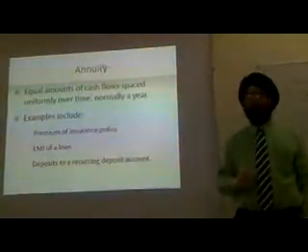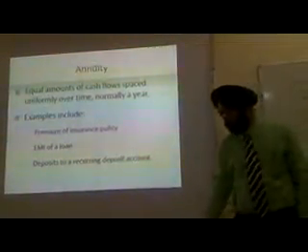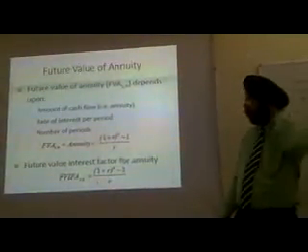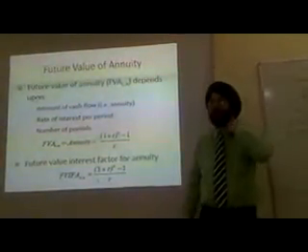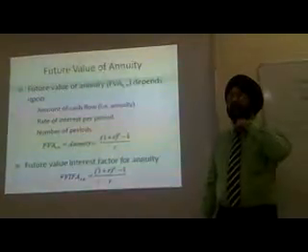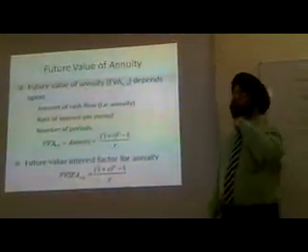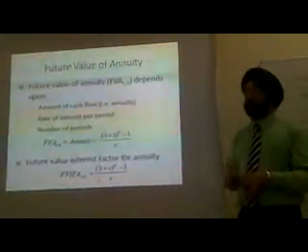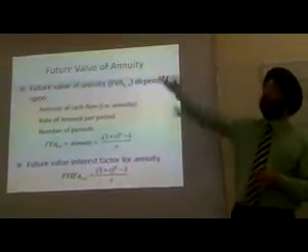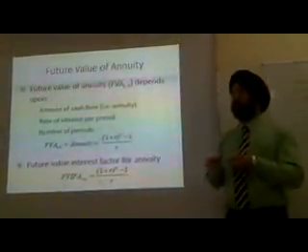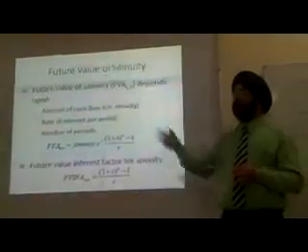So this is another powerful tool which we will be using. Annuity can be a future value annuity, annuity can be a present value annuity. Future value annuity means when you are investing something to get some return in the future. If I invest 10,000, after 10 years what do I get?